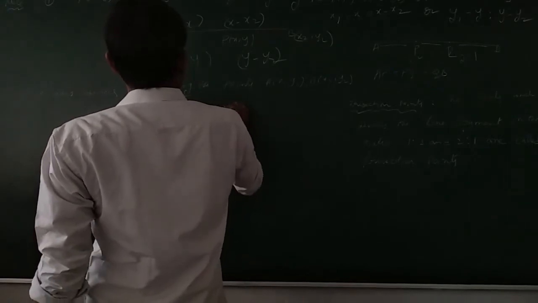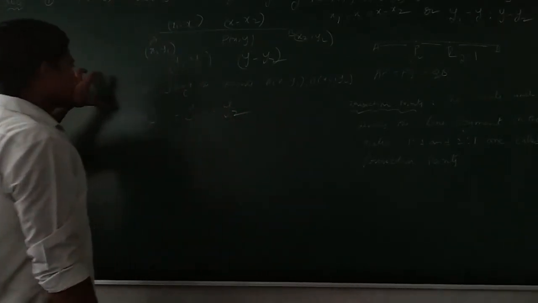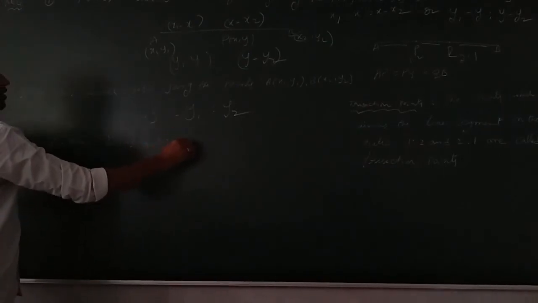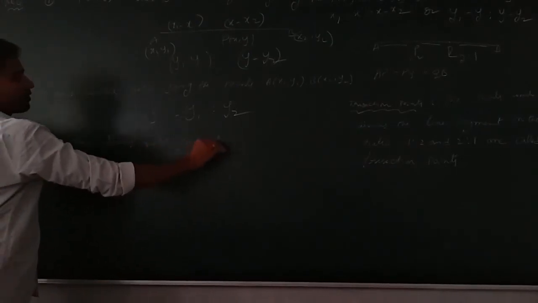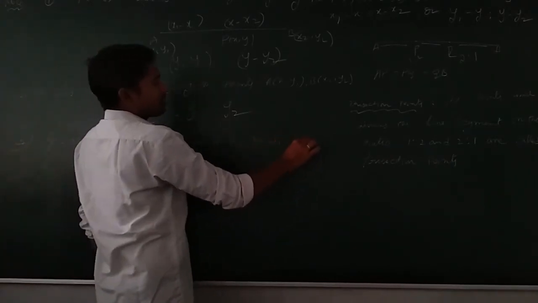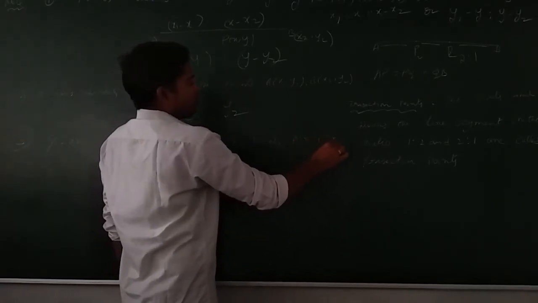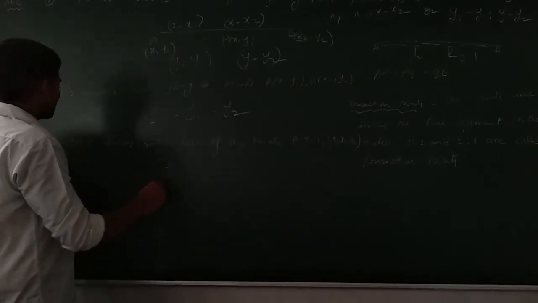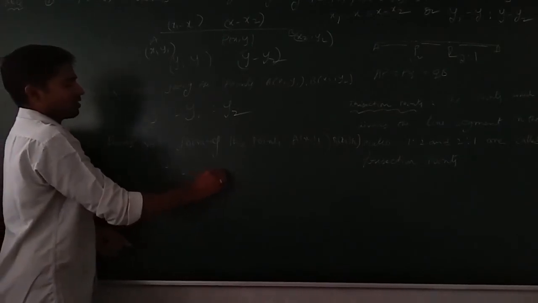And the y-axis divides the line segment joining the points A(x1, y1) and B(x2, y2) in the ratio minus x1 is to x2.